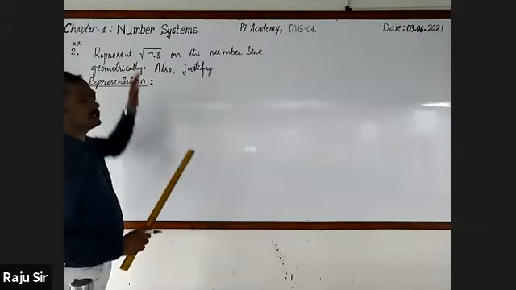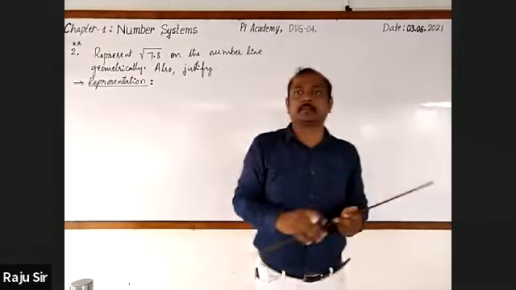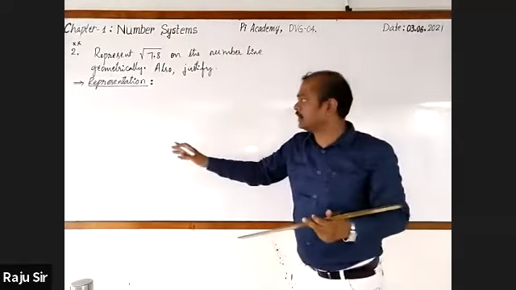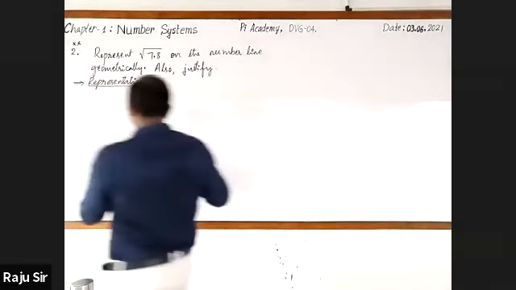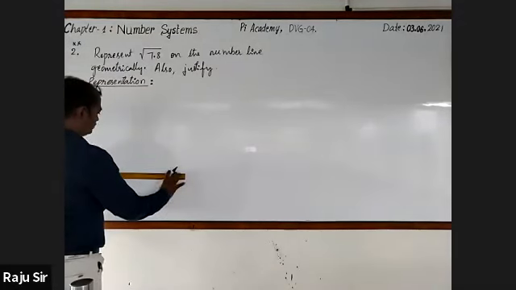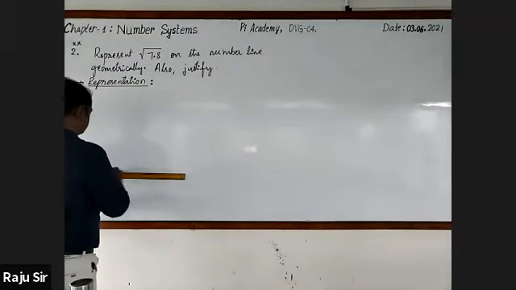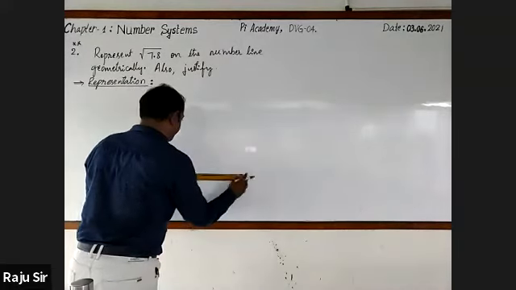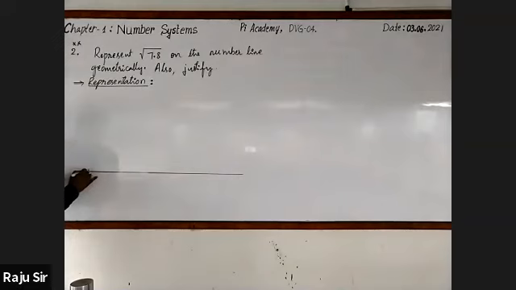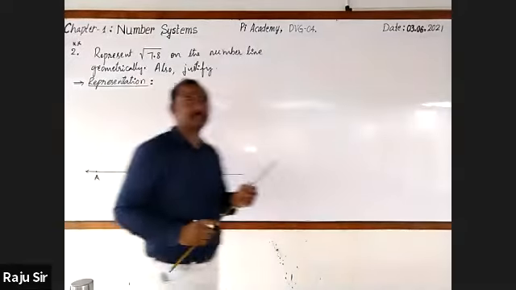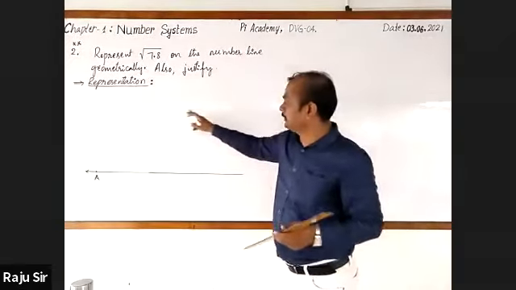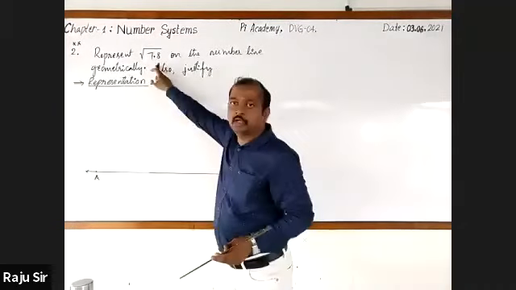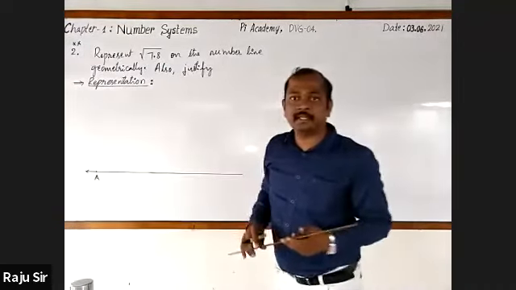As we are going to represent square root of 7.8 on the number line, first draw a straight line. Then draw the arrow mark here and mark one point. Call this point A. From the point A, we have to mark 7.8 centimeter.